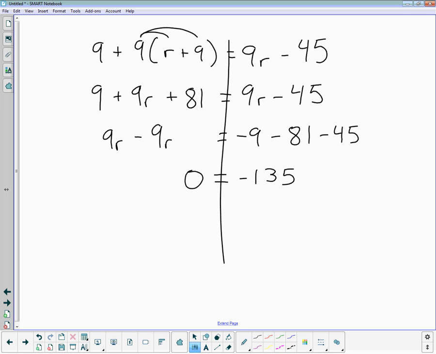Okay? This is not true. This is false. And that's what you write on your paper. No solution.